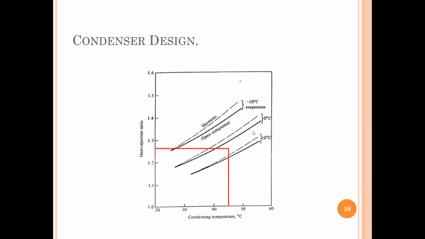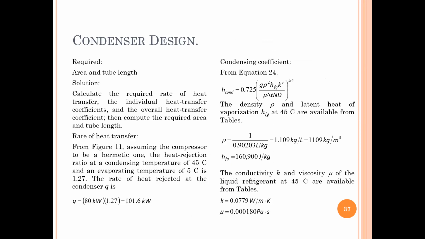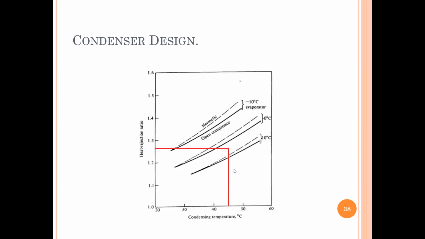So, this is 1.26, 27. So, condensing 45 and 5.